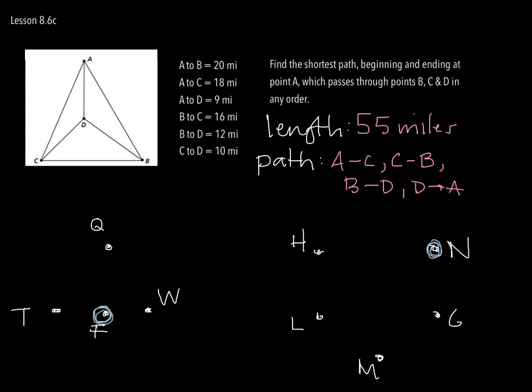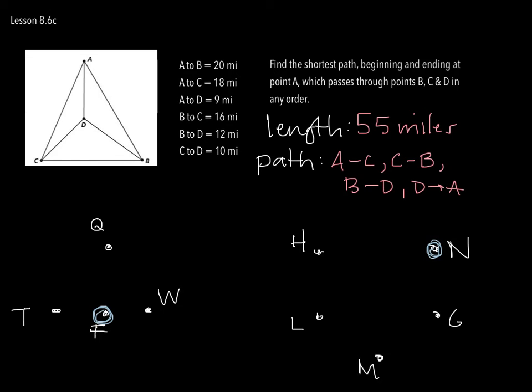And your job, ladies and gentlemen, is that you are going to connect all of these dots. So in this one, you're going to make a shape that connects F, T, Q, W without lifting up your pencil and without crossing over your own line.